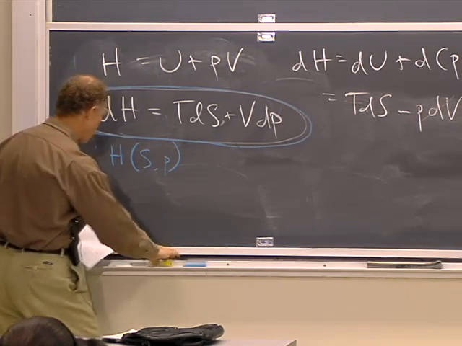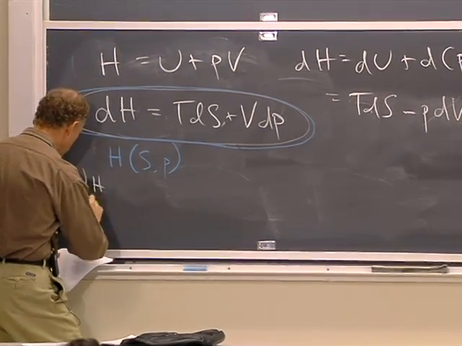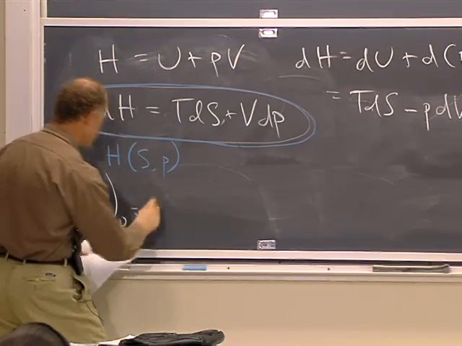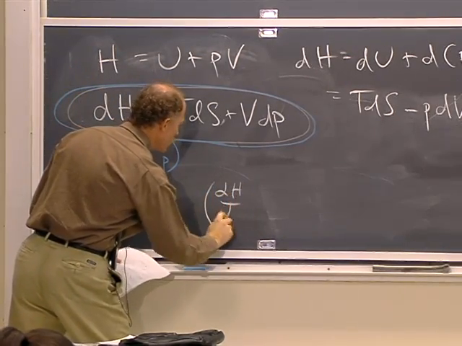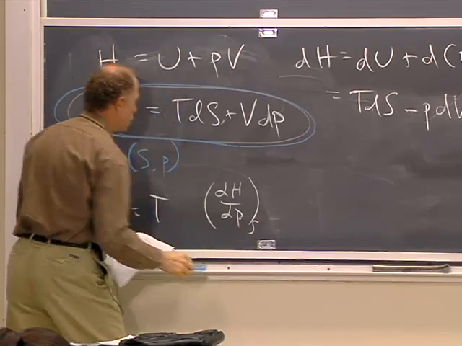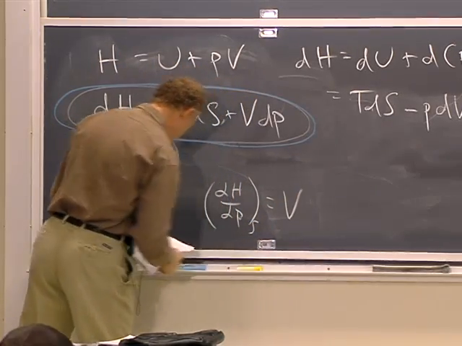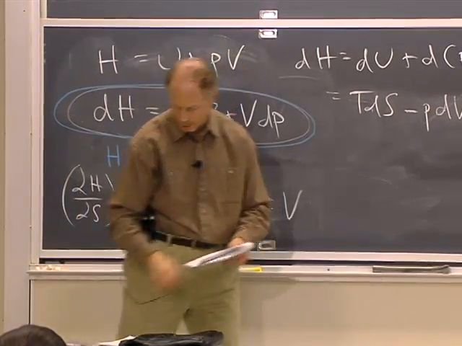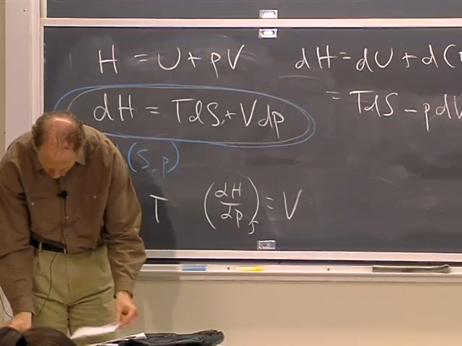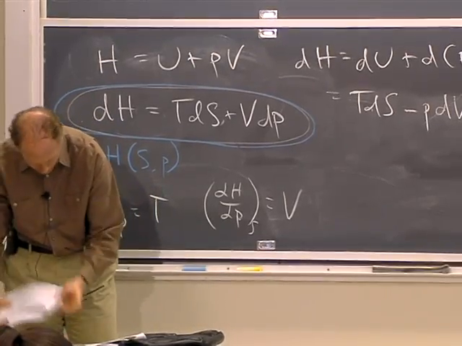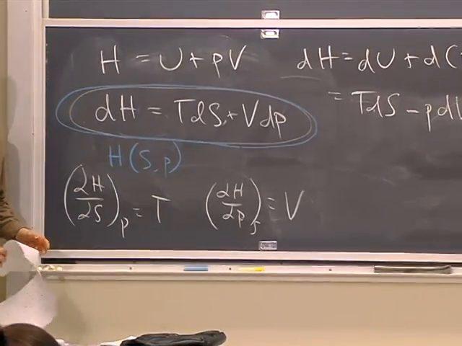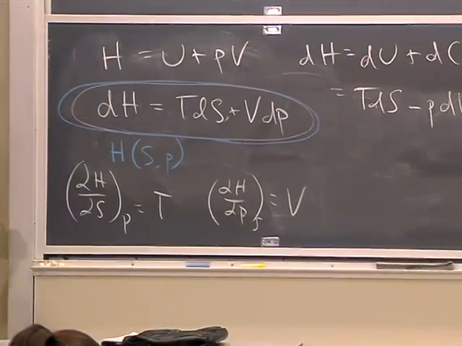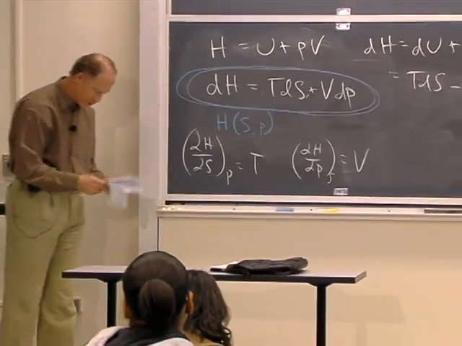And dH/dS at constant p is T, and dH/dp at constant S is V. So now we've got a couple of really surprisingly simple expressions that we can use to describe U and H in terms of only state variables.